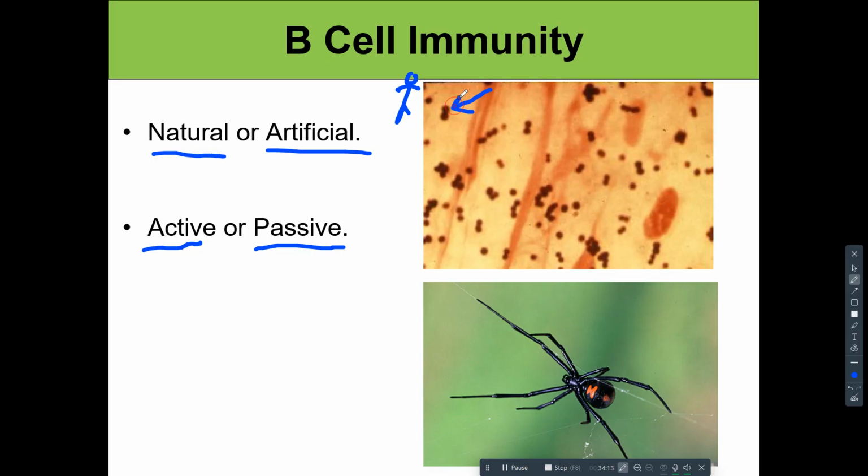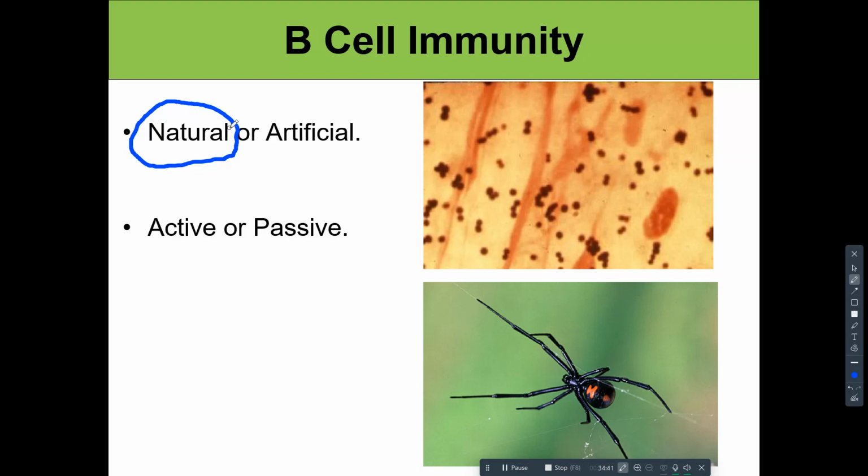So let's suppose the person just got infected in the normal course of their everyday lives, and in response they made their own antibodies. They made their own memory cells. What kind of immunity do you think that is? Do you think it's natural or artificial? Well, if it just happened because they were just living their lives, this is an example of natural immunity.